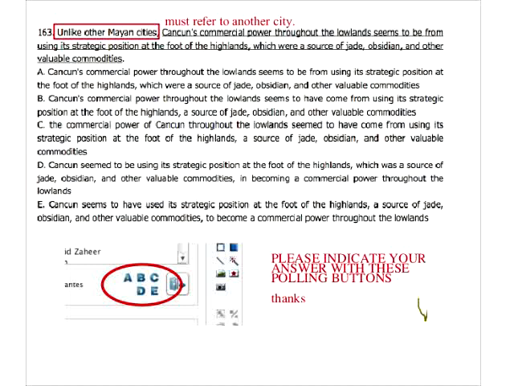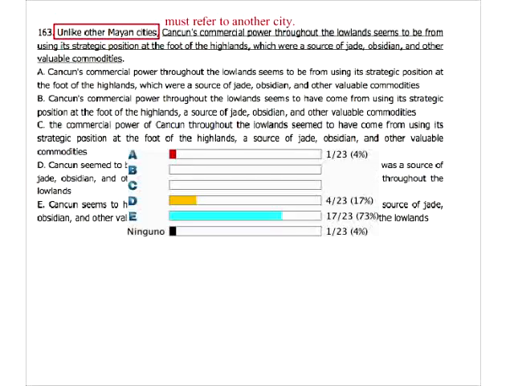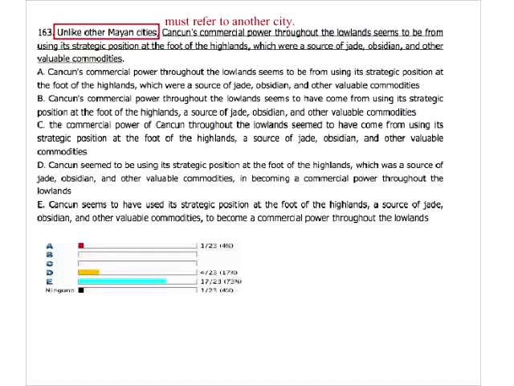So Cancun's, remember, is not Cancun. So here's the statistics from the polling. Remember that Cancun's does not count as Cancun. Make sure you know this. Primo Levi's is not Primo Levi, etc. So this is not Cancun, this is commercial power. This is also commercial power, and this is also commercial power. So all three of these are incorrect, because you cannot compare cities to the power that some other city had.